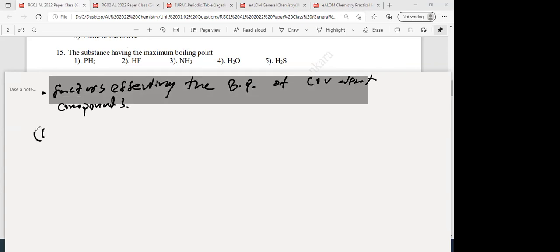Number one, strength of intermolecular forces.